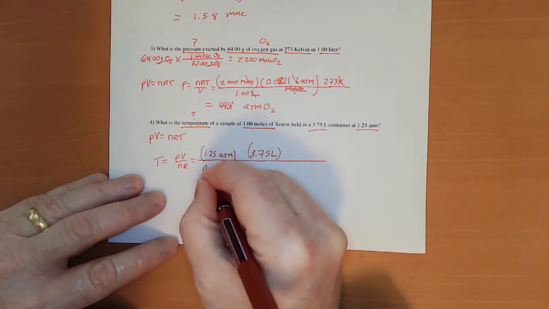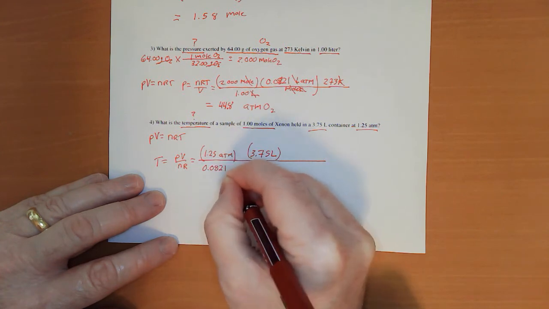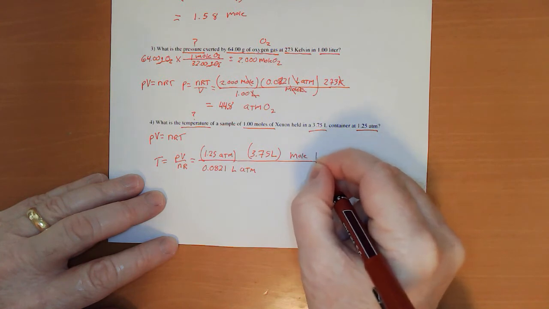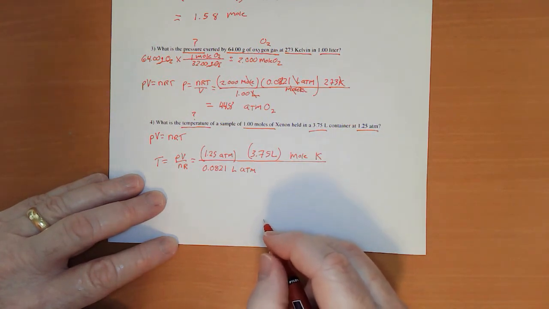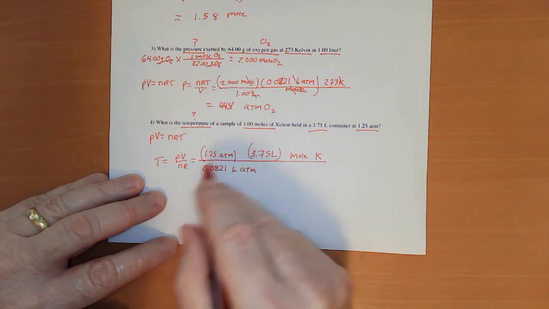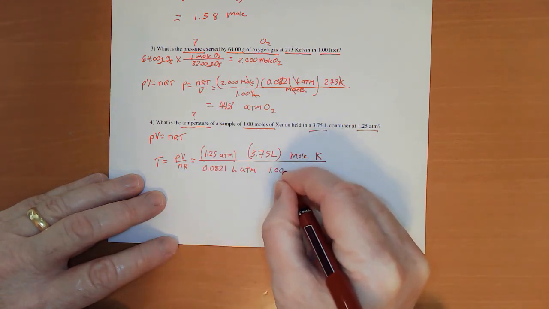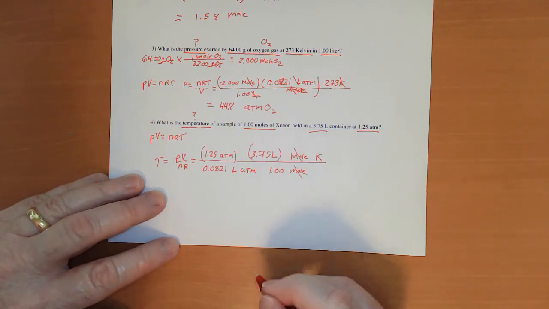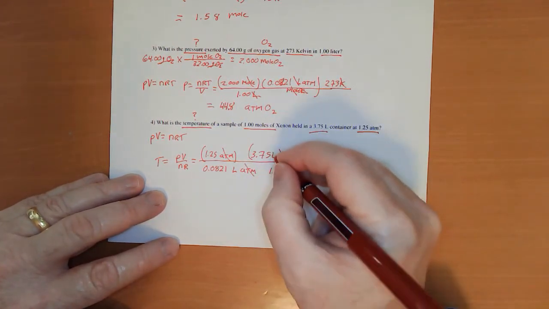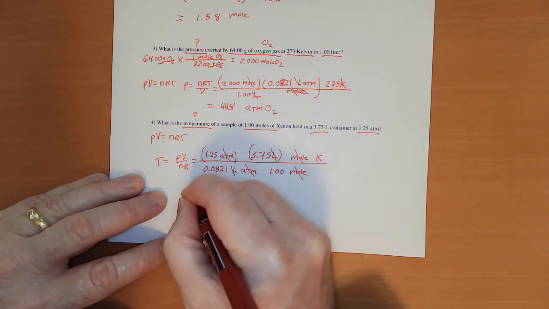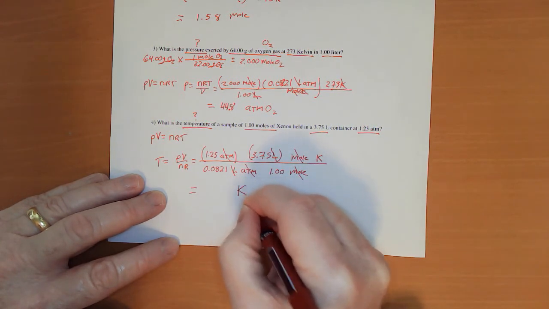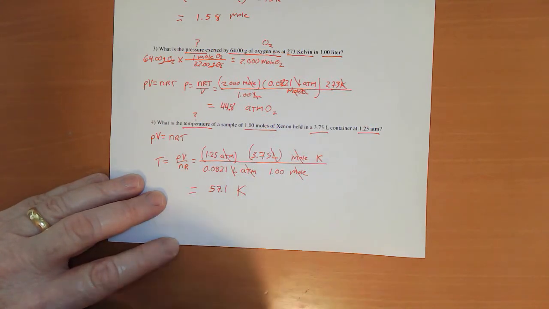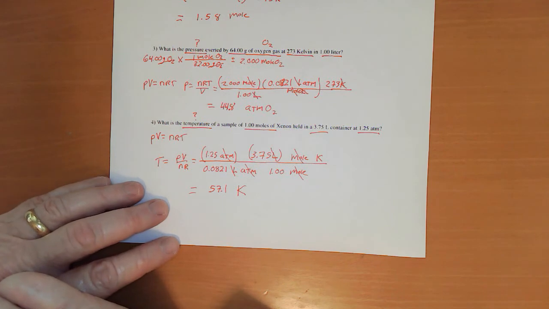R in atmospheres, 0.0821 liter atmosphere. Mole K is upstairs. And moles is 1.00 moles. I'm going to see moles cancel right away. I'm going to see atmospheres cancel and liters. So I'm left in Kelvin. That's great. That's a temperature unit. And this is a chilly 57.1 Kelvin.